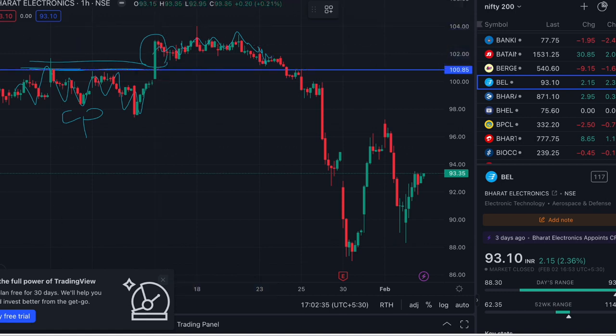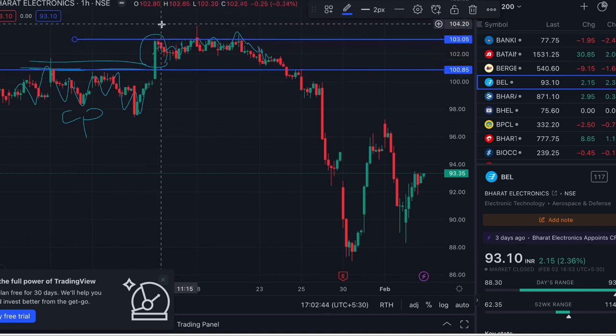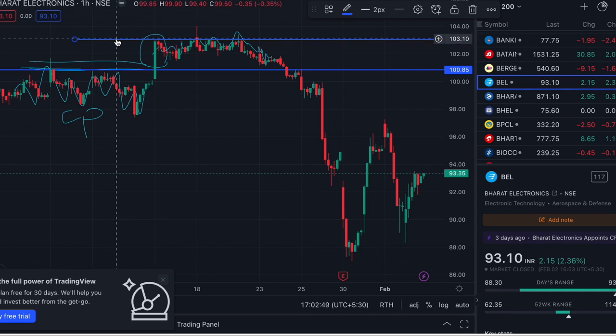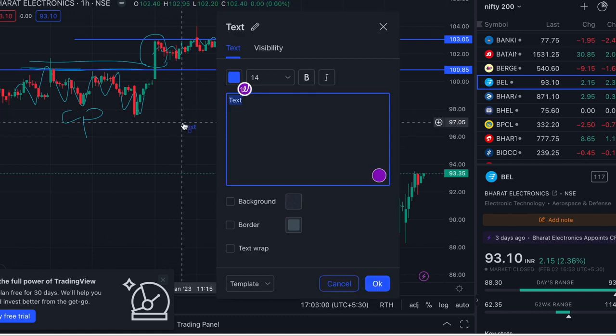It is also very important to mark till what point it has taken the price up, right? After this it couldn't go up, so we're going to have two horizontal lines. The first, the level break. The second, till what point the price was taken up. So I'll just write it for you.